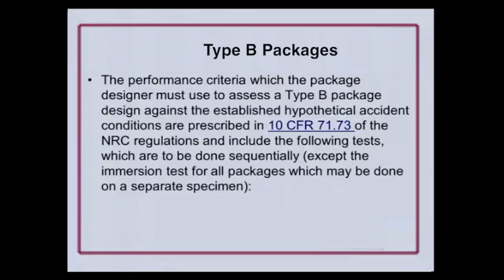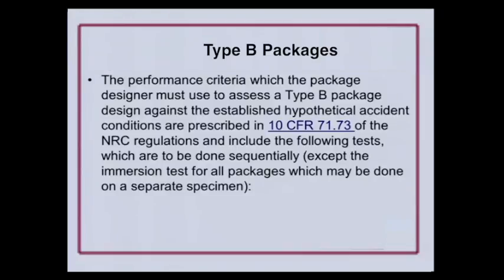The performance criteria that test for the hypothetical accident conditions are prescribed in this section of 10 CFR 71. It talks about the following tests, and we're going to talk about the tests shortly.